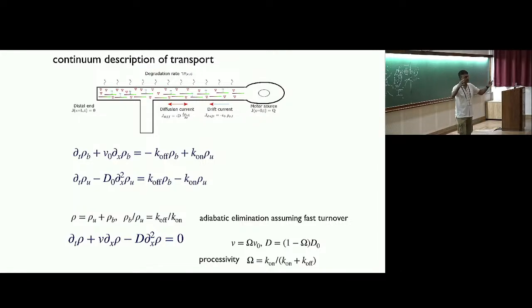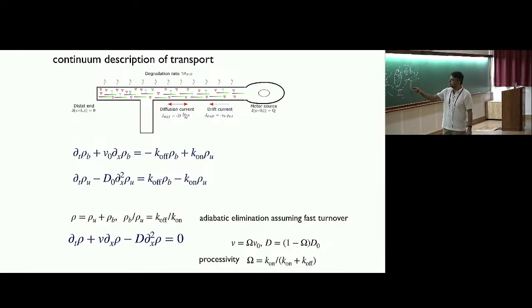What people can see in the experiment is the intensity profile of these molecular motors everywhere, which gives a density profile. In general, in experiments you don't really see how many molecular motors are attached and how many are detached. Whatever is present will fluoresce and you will see them together.